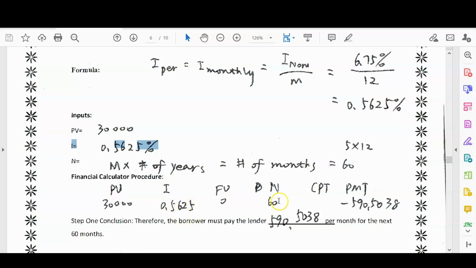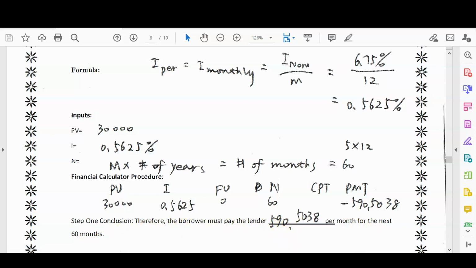And for N, instead of inputting the number of years, we should input the number of months here, which is 60. Future value is still 0 because we're going to pay off the loan after 60 months, and we compute for payment. For each month, we need to pay 590.5038. The borrower must pay the lender $590 per month for the next 60 months.